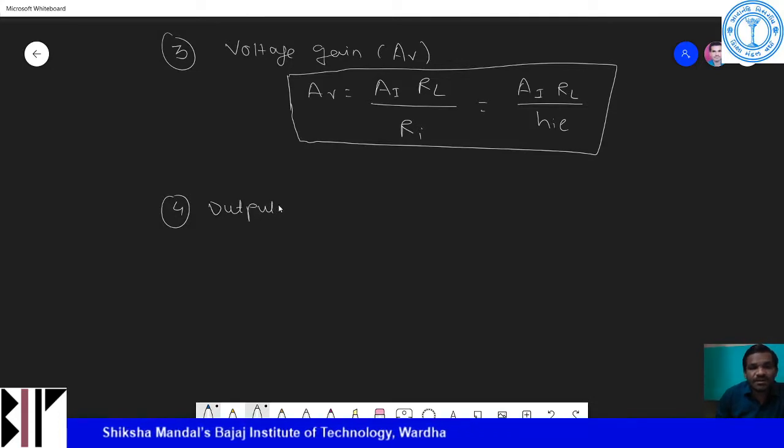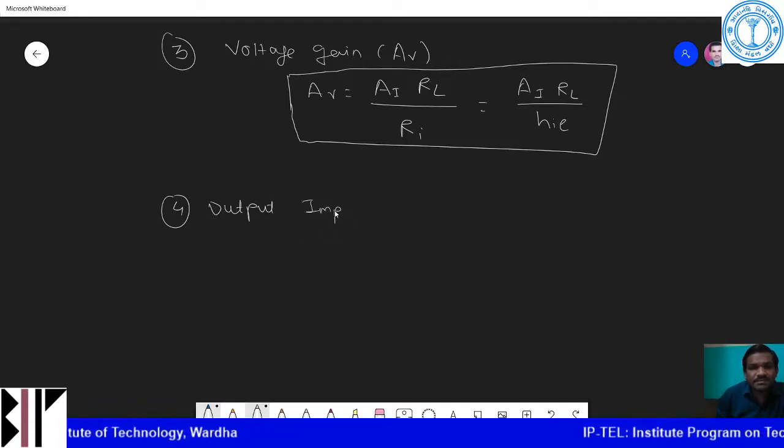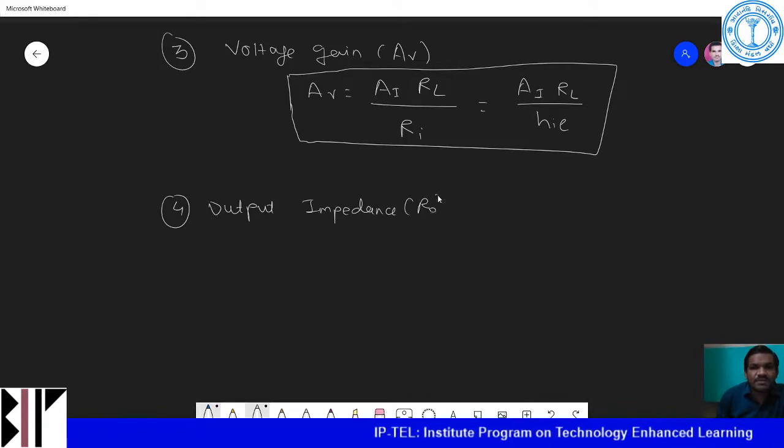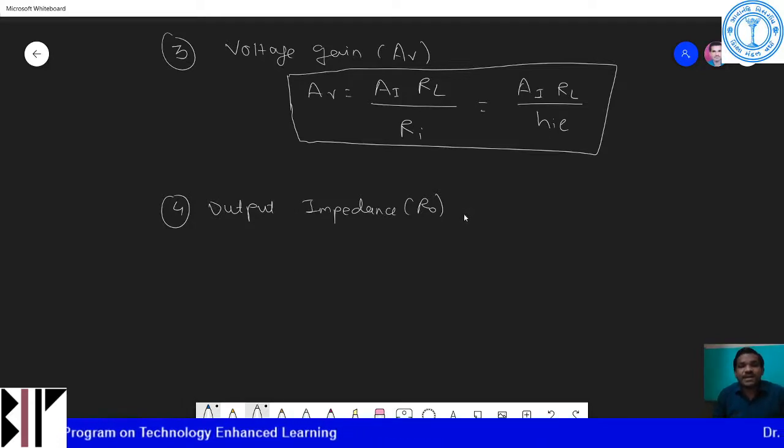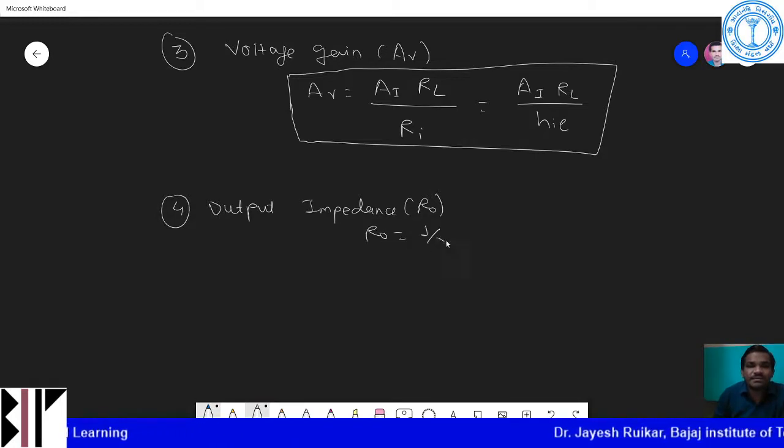Next is your output admittance, or output impedance. First we will calculate the output impedance, that is your RO. It depends upon your admittance, the YO factor, so RO is nothing but 1 by YO, 1 by the output admittance.